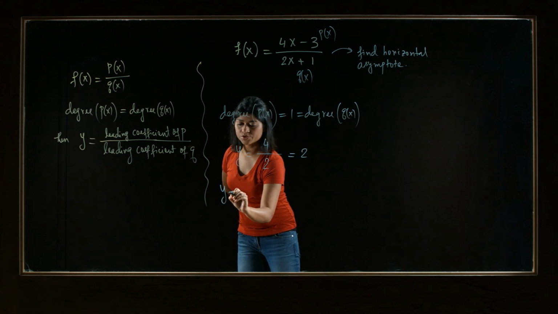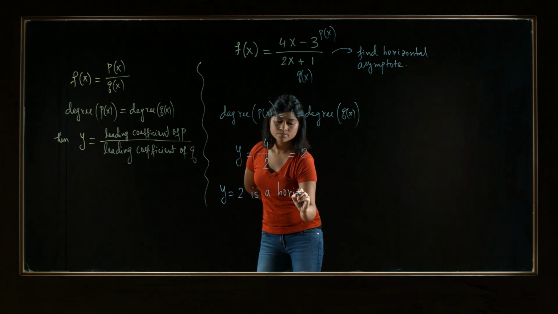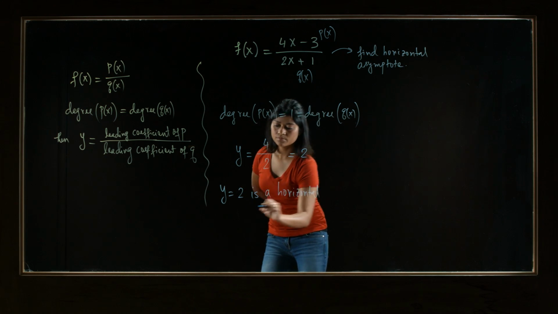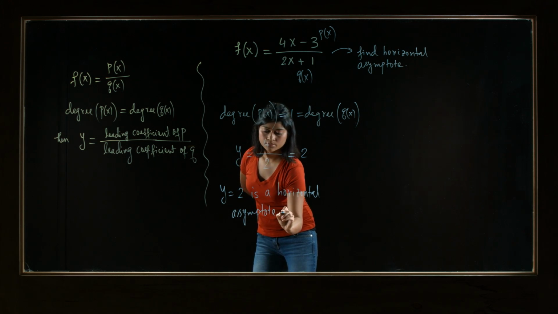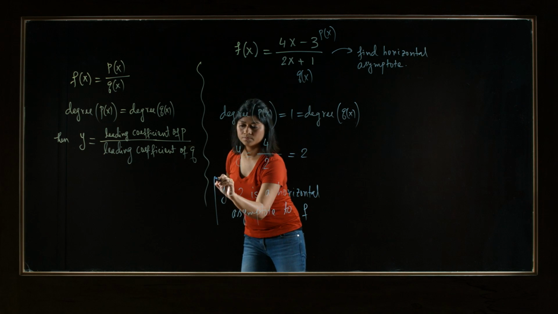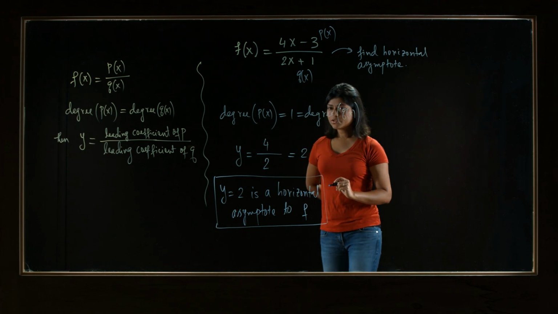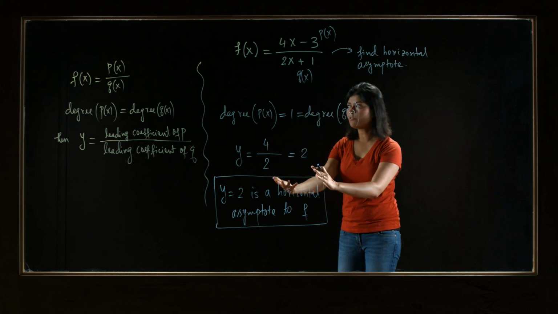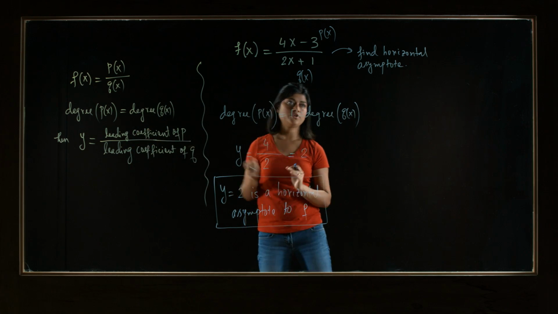So, y equals 2 is a horizontal asymptote to this function. That's pretty straightforward using the fact that we have for a general rational function.